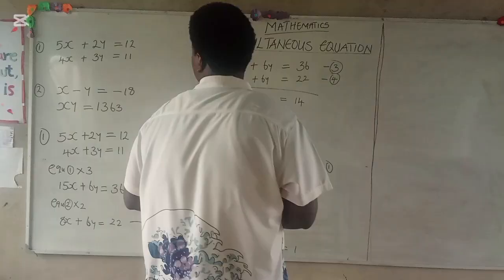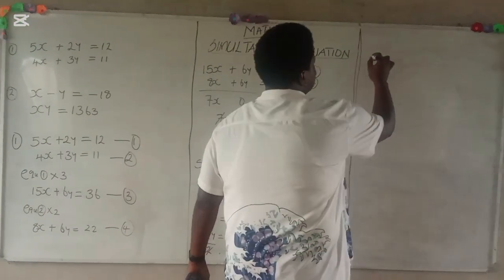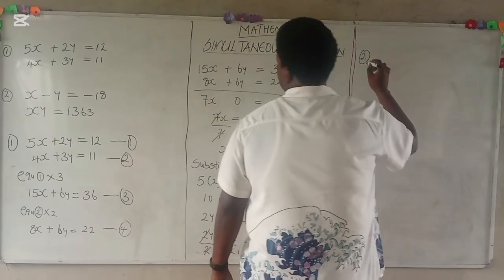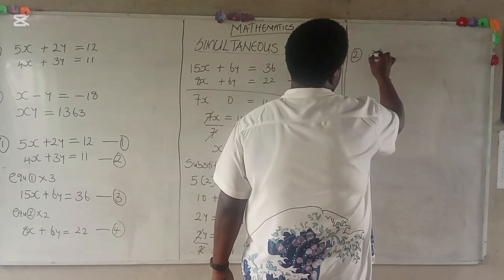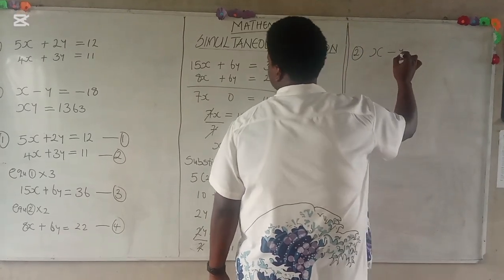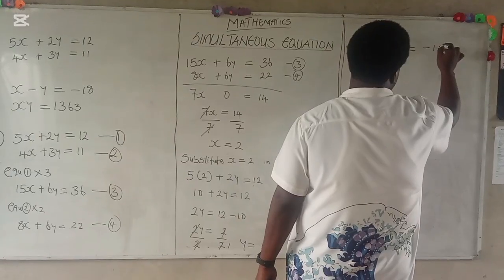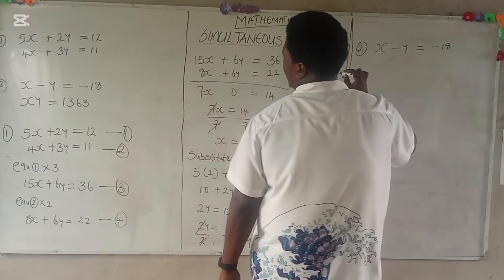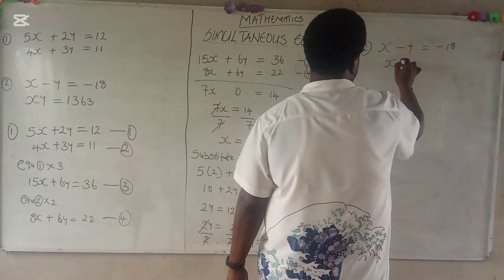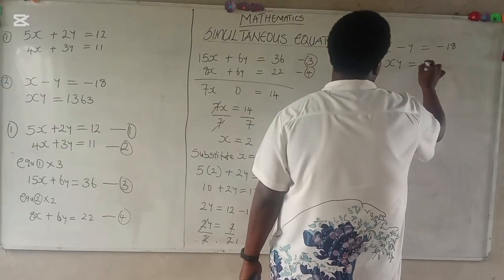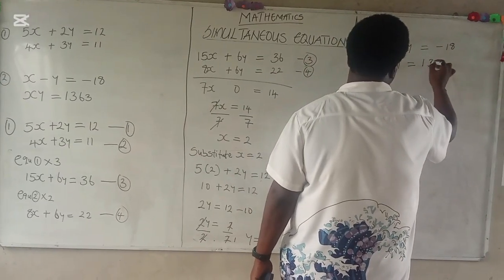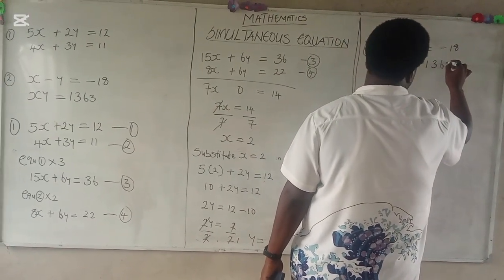And then for our next question, for example 2, we have x minus y equal to negative 18, and we have xy equal to 1363.